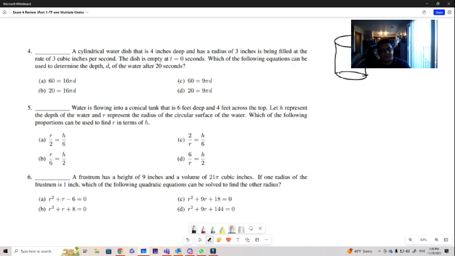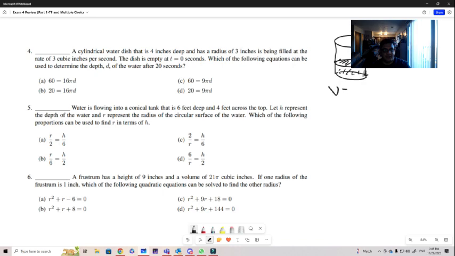Okay, and so now we have water coming in here, and the water is filling this thing. Now the rate of change of how fast the volume is being filled is given as 3 cubic inches per second. But they want to know what happens after 20 seconds.